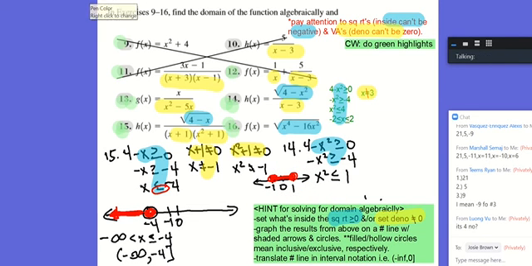So your answer is going to be x is in between -1 and 1. This is just more of a common sense type of thing. Dude, I have no clue, man.